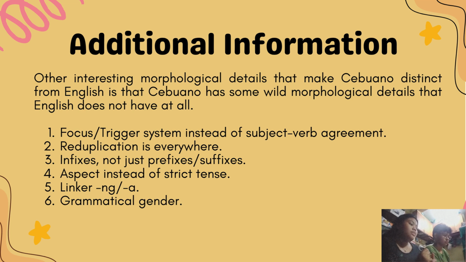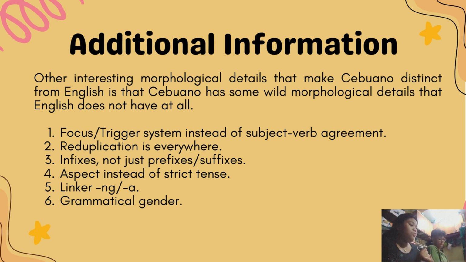Mukaon ang bata versus kaonan or kaonon sa bata ang saging. Second, reduplication is fully productive and grammatical, used to mark intensity, plurality, and aspect, unlike English, where it only appears in fixed expressions. Third, Cebuano freely uses infixes inserted inside roots, whereas English only allows prefixes and suffixes.